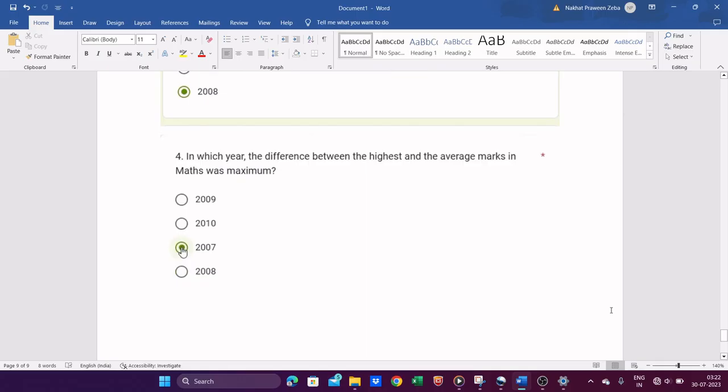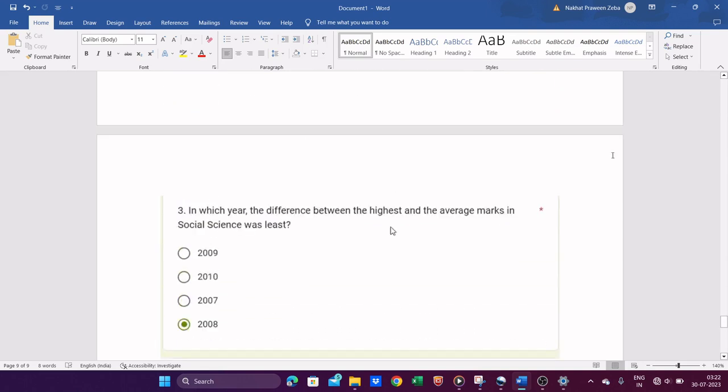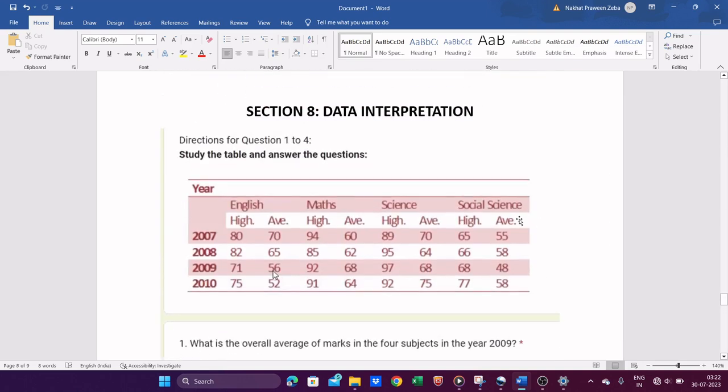Okay, this was very easy, seriously. Only the section was a little tricky, where I had to use pen and paper. Else was fine. Now, in which year was the difference between the highest and the average marks in maths maximum? You already calculated the least one for social science. Now you need to focus on the maximum for math. So 94 minus 60 will be 33, I think.